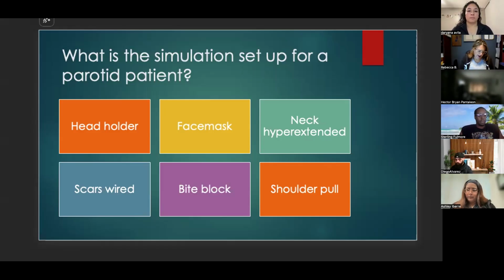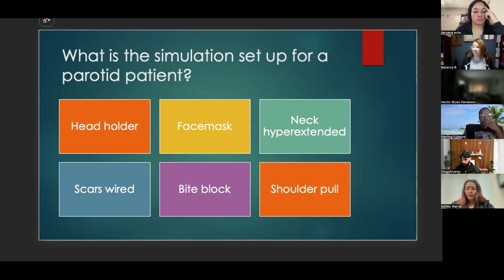Sometimes you'll wire the scar and then make the mask. The problem I've noticed is that when I make that mask, it becomes sticky and moldable, and it'll attach to the wire and sometimes pull that wire on the patient.